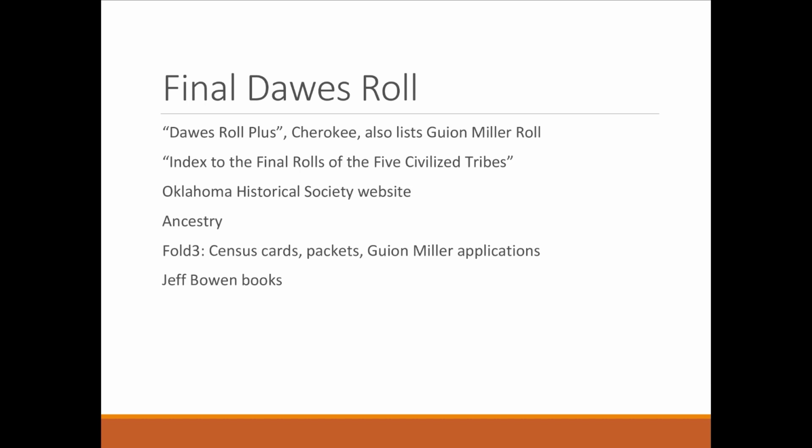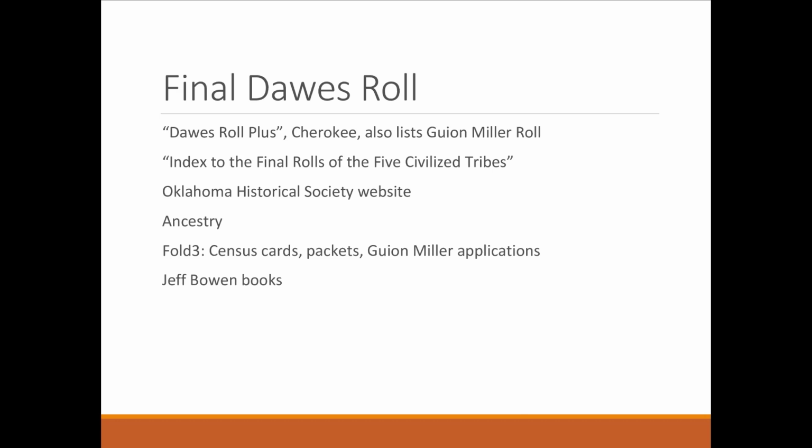So there's other places you can get the number. There's a book called A Dawes Roll Plus that's strictly Cherokee. There's an index to the final rolls of the 5 civilized tribes. Of course, the Oklahoma Historical Society website, Ancestry and Fold 3, which are commercial sites that you can get free access at many libraries, including at the Oklahoma Historical Society.